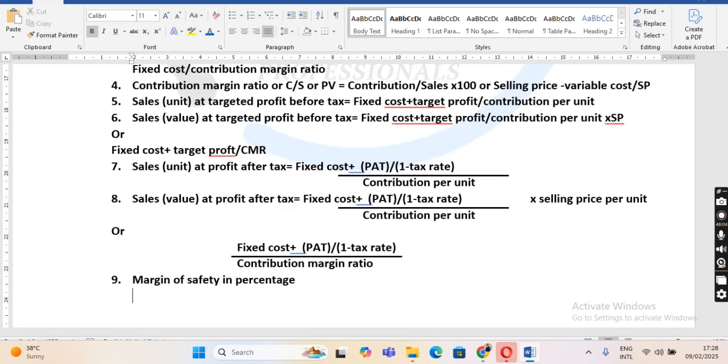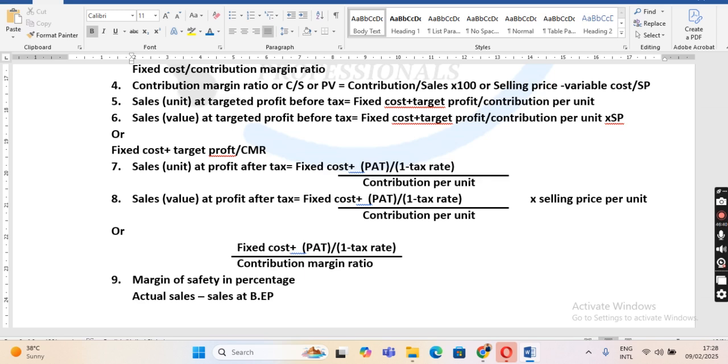What will be the formula for margin of safety in percentage? It is actual sales. You can see that all those assumptions are now working: fixed cost is constant, contribution margin is constant, selling price is constant. Actual sales minus sales at BEP, at break even. This is percentage.